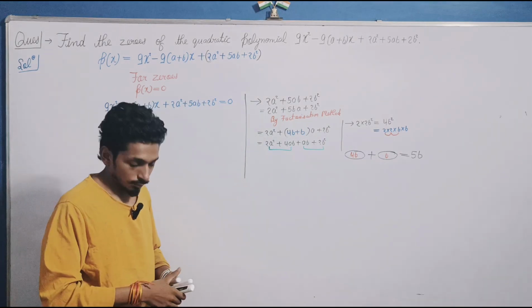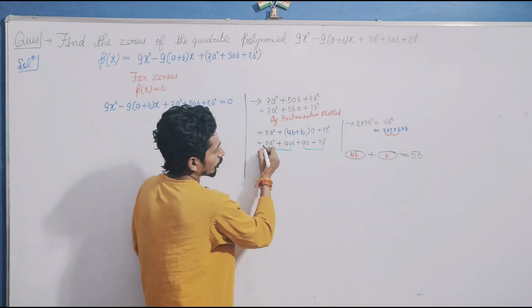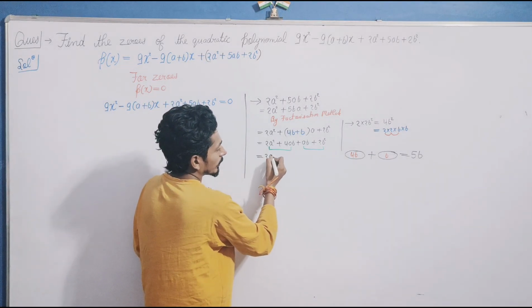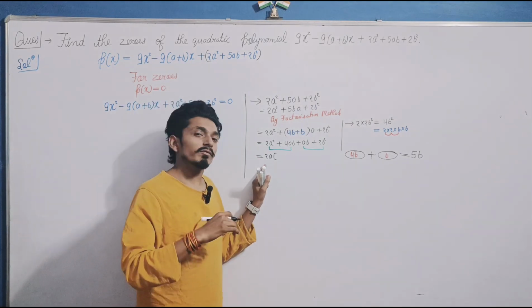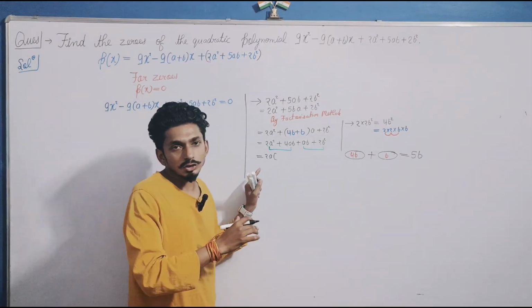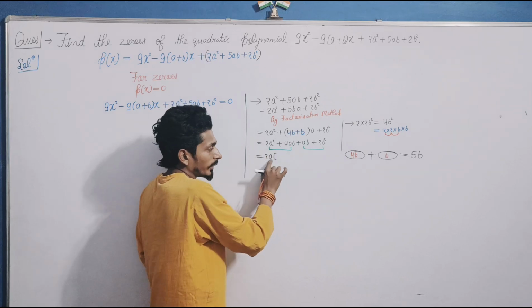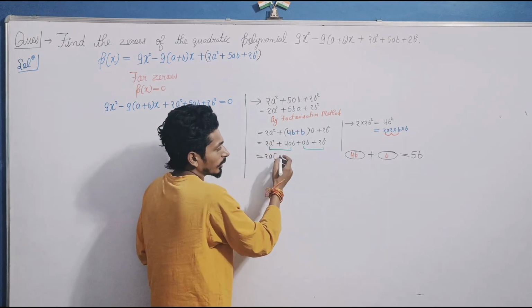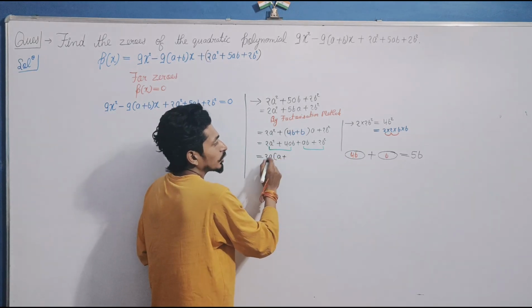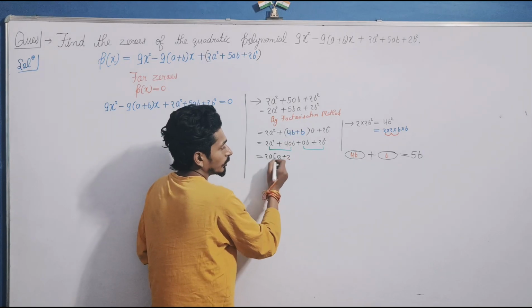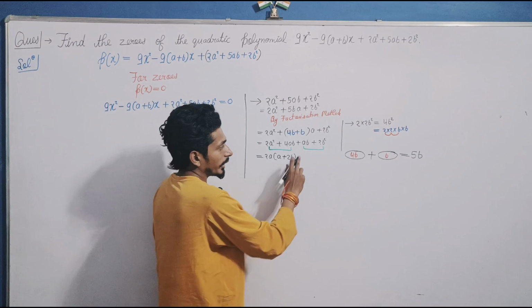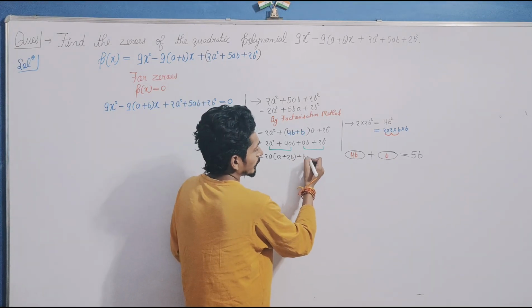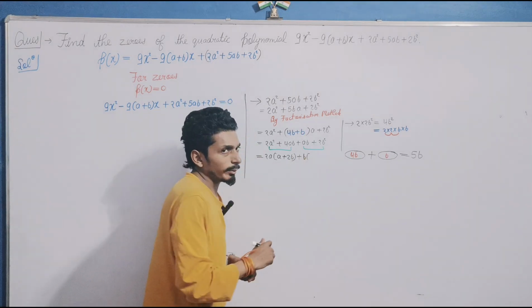Yes or no? So here we take common 2a. Okay, remember that the quantity which we take common is divided from each term. So here 2a square is divided by 2a, we get a, plus 2b square is divided, 4b divided by 2a gives 2b. Yes or no? Here we take common b, that quantity which we take common is divided from each term.